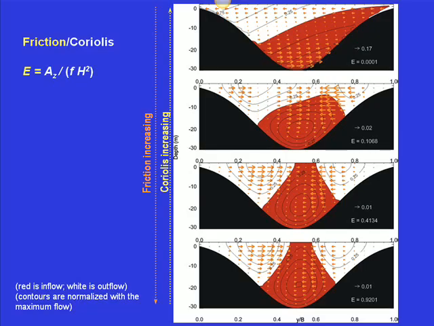So you have the surface elevation sloping like this. That's what causes the flow to go in that direction, and then the heavy flow would go in that direction. So a sideways estuary, as friction starts dominating. So notice that the sense of the lateral circulation changes.